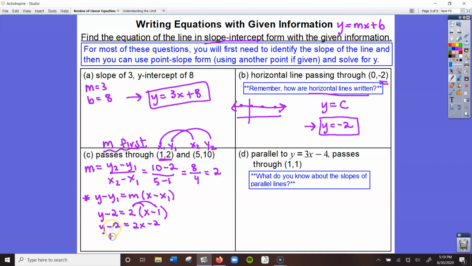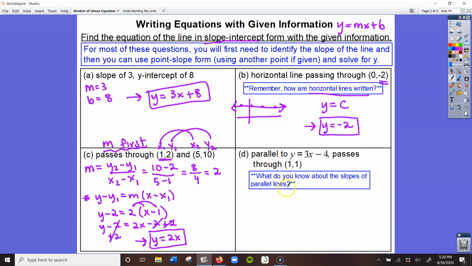So in this case, I have y minus 2. I'm going to add 2 to get that y alone. So my equation for the line is going to be y equals 2x, and then -2 plus 2 is 0. So it's just y equals 2x. And that would be our equation.